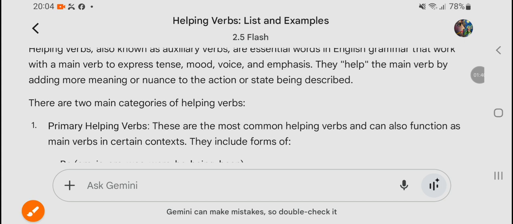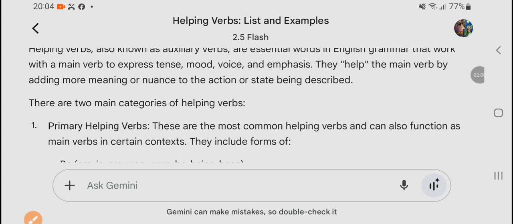So this is, she is telling a lie. So is is used for the singular subject she, and it is present tense. They are coming in the evening. So are is used for they because they is plural, and it is present tense.